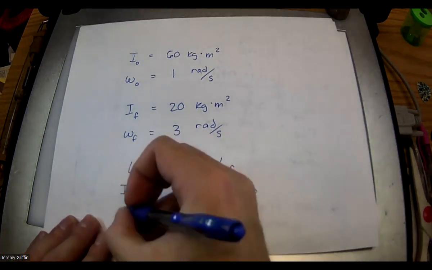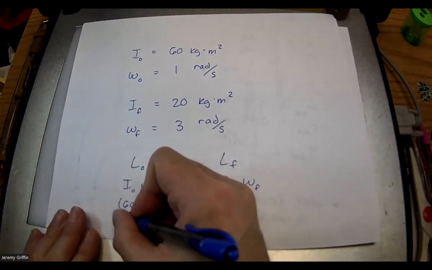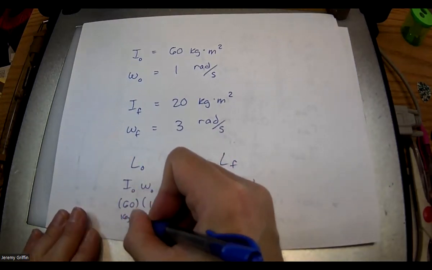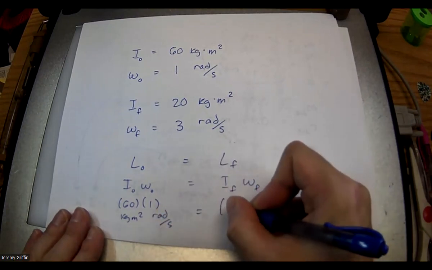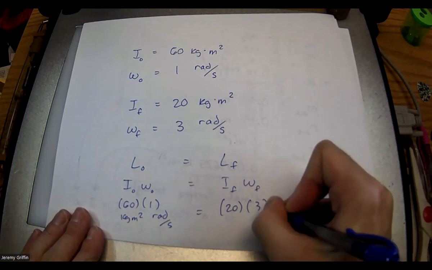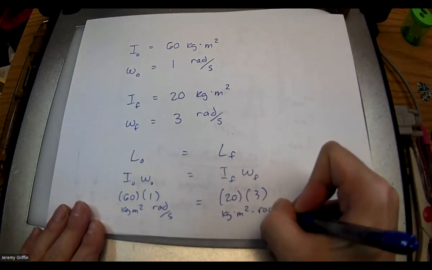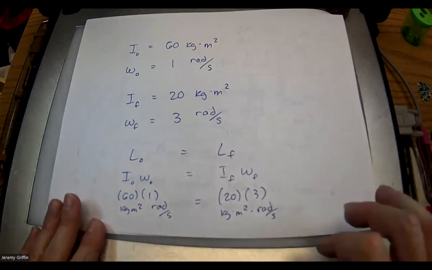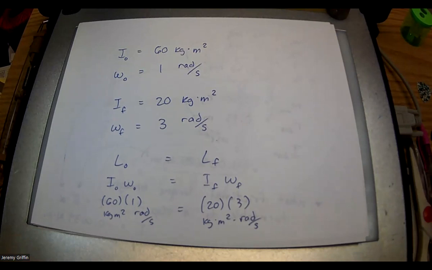So 60 times 1 kilogram meters squared radians per second equals 20 times 3 kilogram meters squared radians per second. Just like that. So if one decreases by a factor of 3, the other has to increase by a factor of 3. Okay? Is that true?